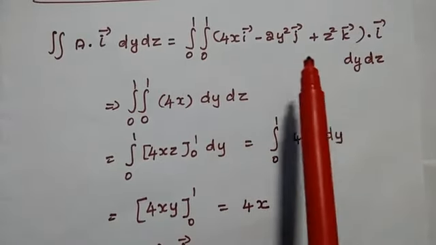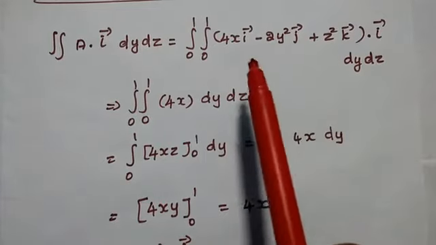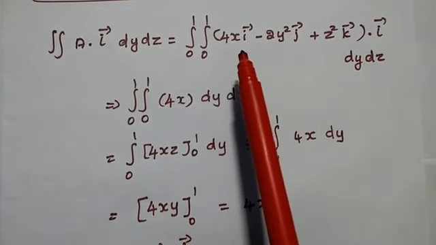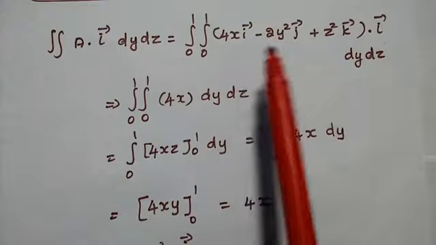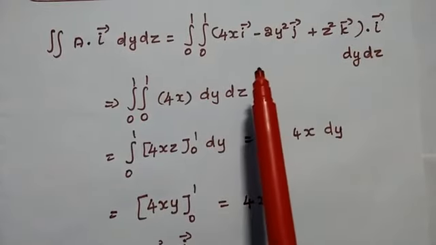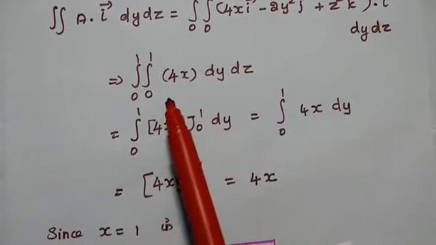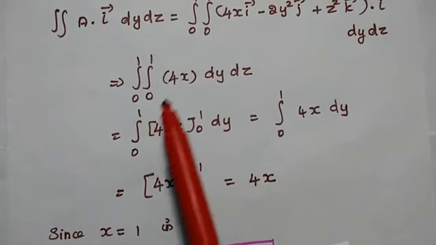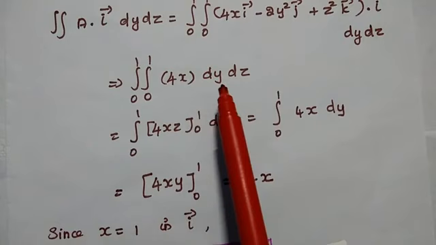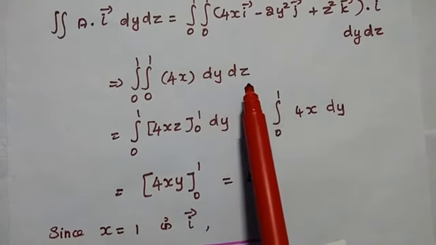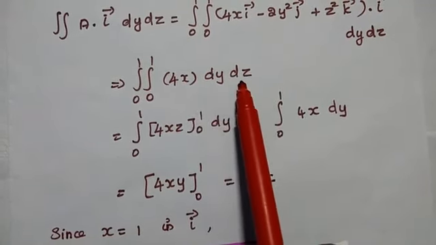Okay, so next we have to take the dot product. For the dot product we can have the value for this i vector, that is 4x, because i dot i value is equal to 1. j dot i is 0, k dot i is 0. So we can get surface integration over 4x with respect to dy and dz. So first we are going to integrate with respect to z.